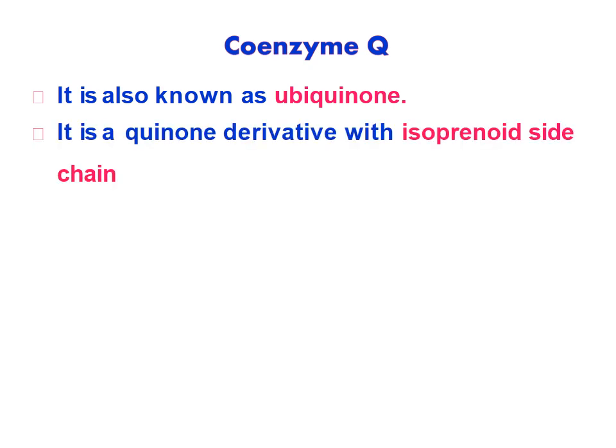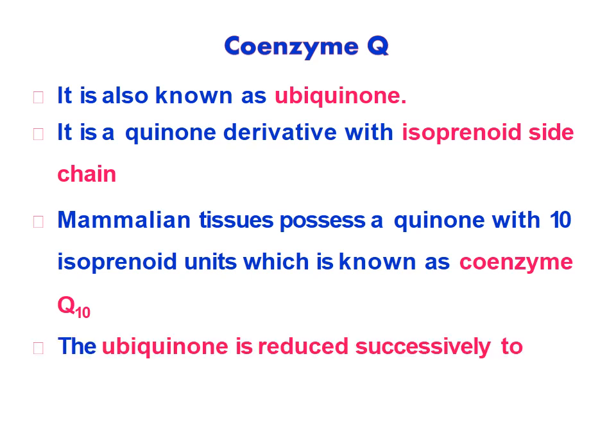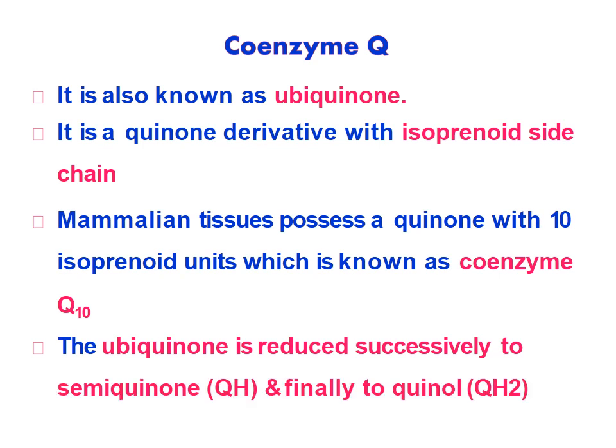coenzyme Q. Coenzyme Q is called ubiquinone. It is a quinone derivative with an isoprenoid side chain. Mammalian tissue possesses quinone with 10 isoprenoid units, which is known as Q10, coenzyme Q10. This ubiquinone, that is Q, is reduced to semiquinone QH and finally to quinol QH2.